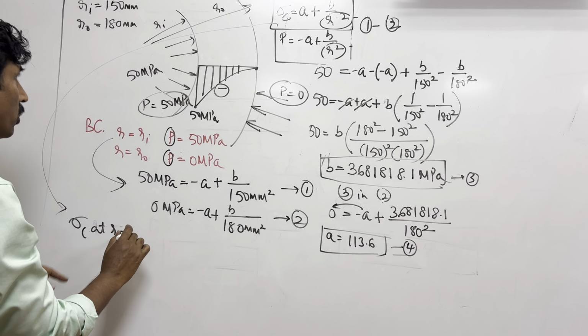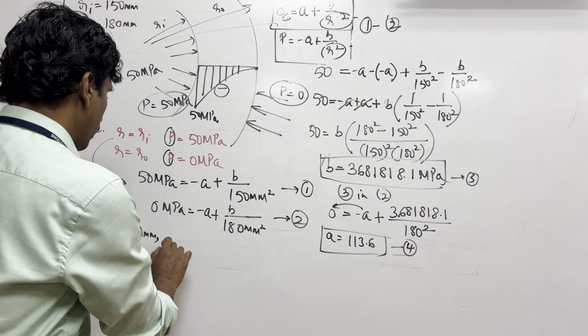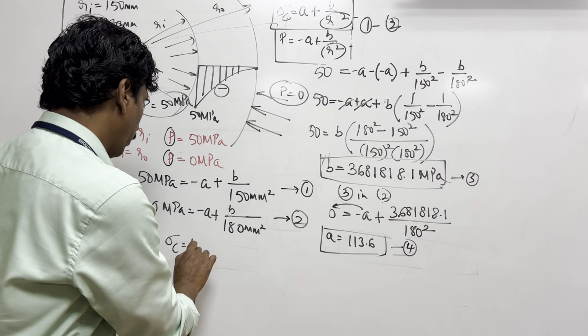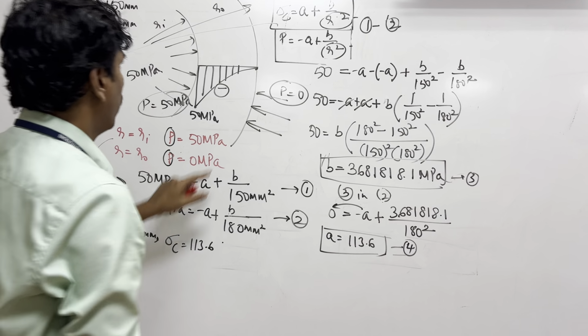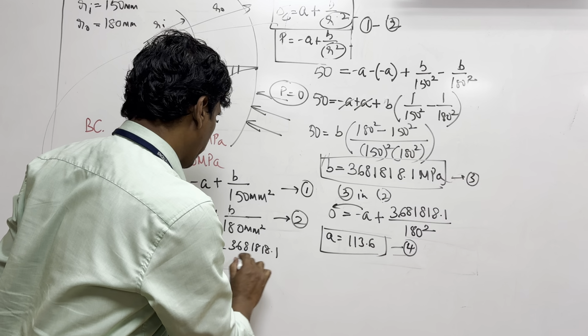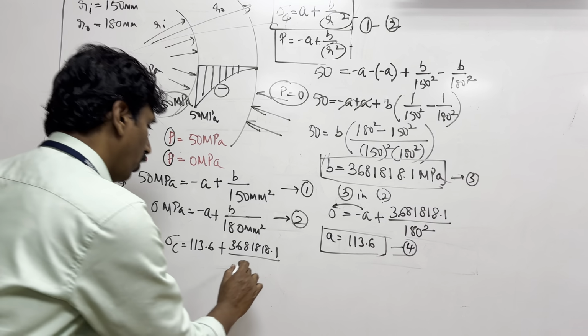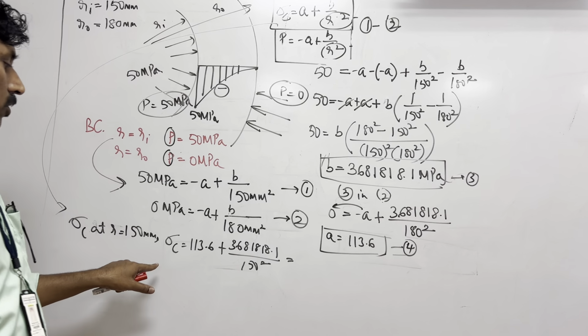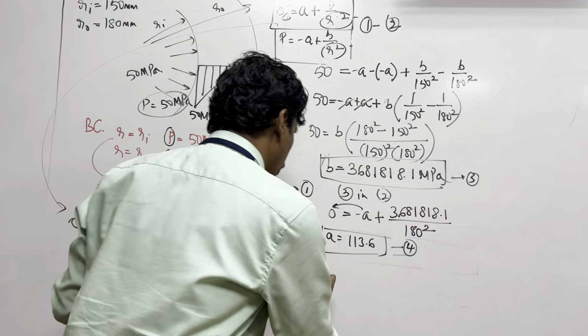So sigma C is equal to A, which is 113.6, and then using this equation plus B, a very large value, 3681818.1 divided by 150 square. What's the answer? 277.23 MPa.